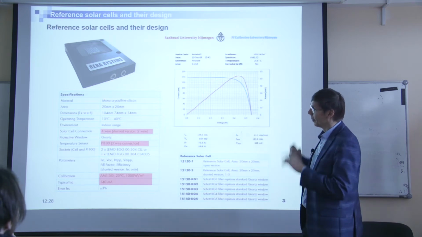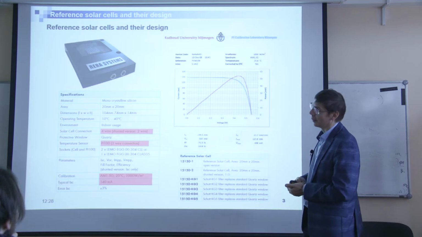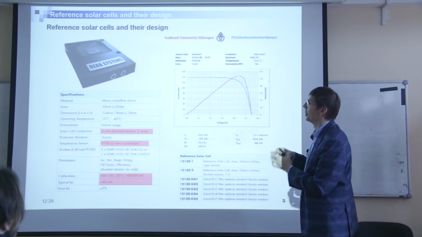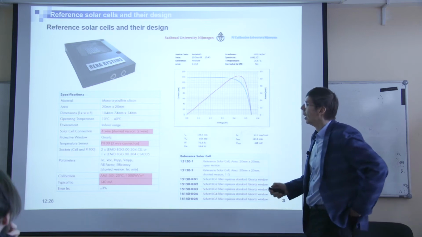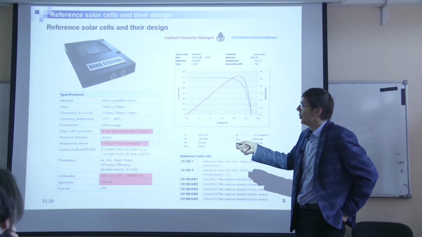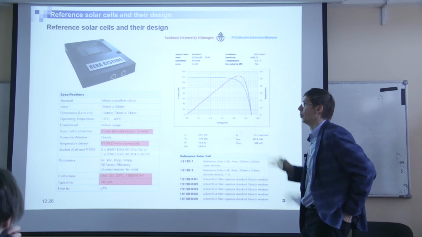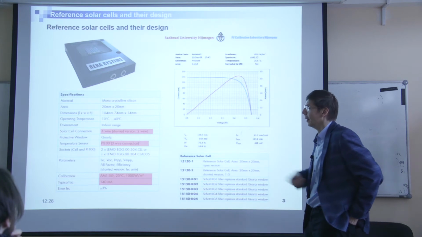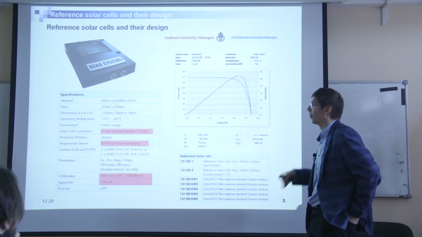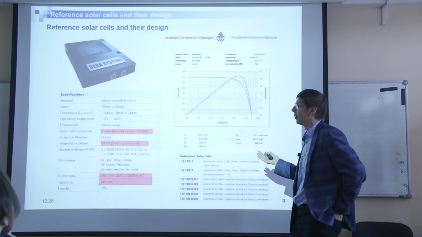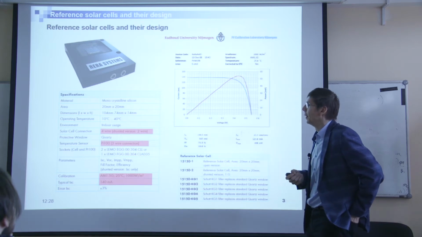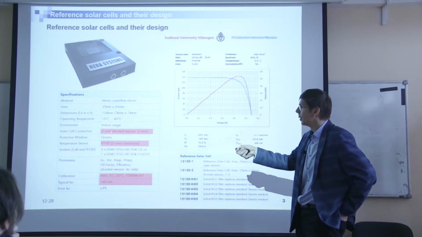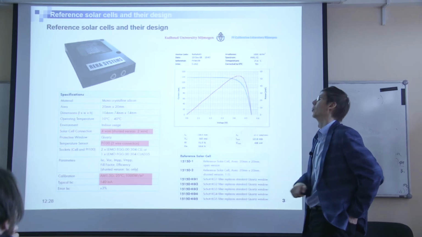The area, normally, is 20 by 20 millimeters, I mean the area of this solar cell. Then there is the operating temperature range, but you should provide a temperature of 25 degrees. And again, how to connect it: it could be 4-wire or 2-wire.